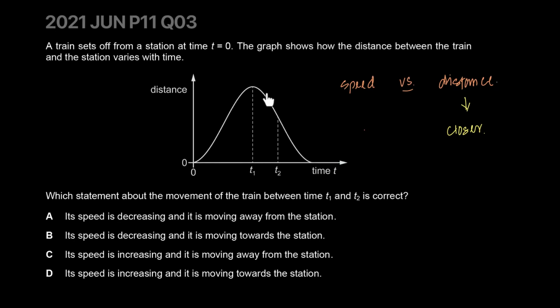So I would say it's more speeding up. So my best answer is it's increasing in speed and it's moving closer to the station. So our correct answer is D.